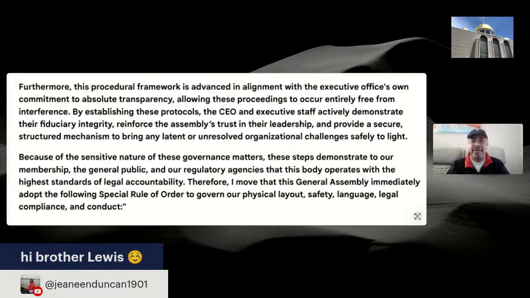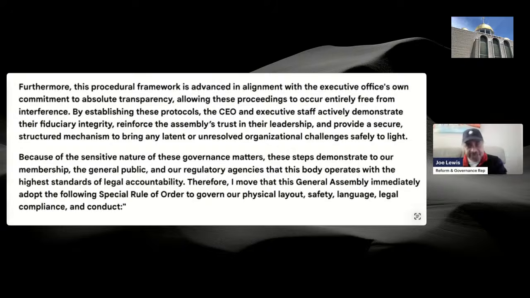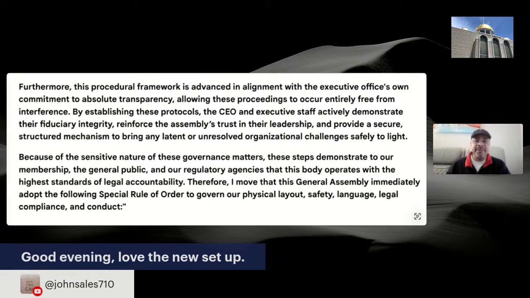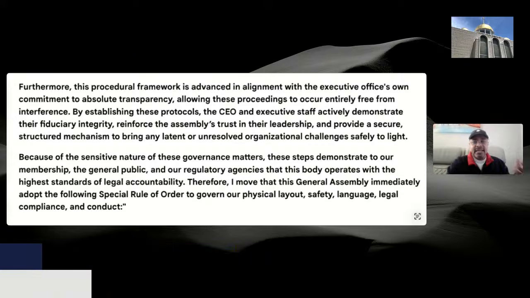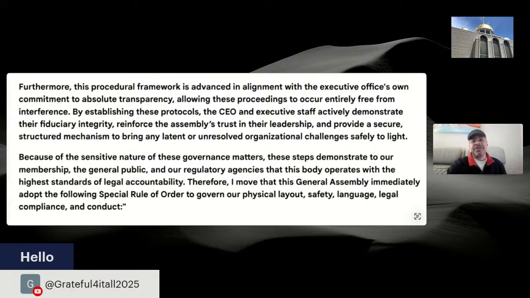So that first paragraph, you see the procedural framework, we're setting up the framework for the procedures of the meeting, is advanced in alignment with the executive office's own commitment to absolute transparency. So this is for Mr. Cunningham and all of the individuals in council and the executive staff, to make sure they understand that this is something that will protect their public image, their reputation, and their name.